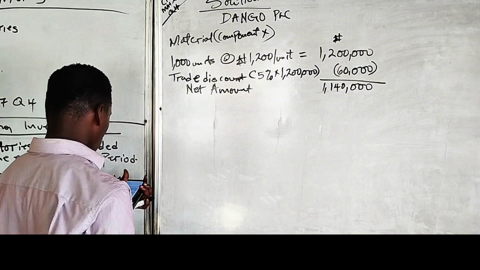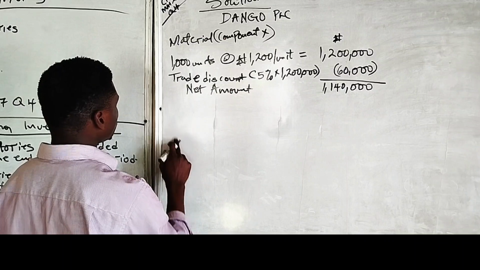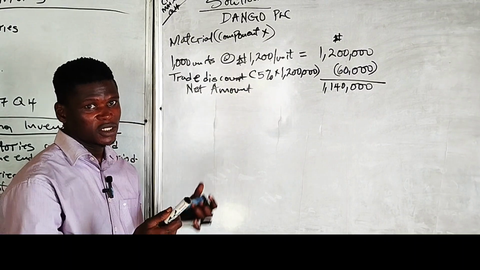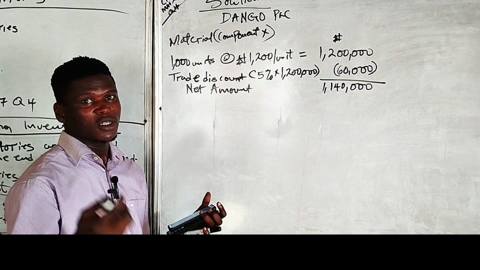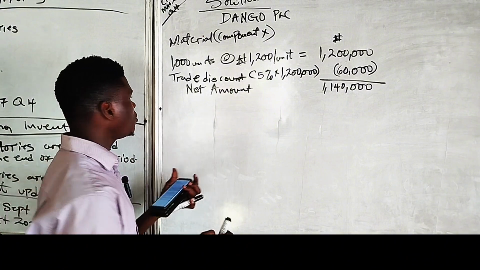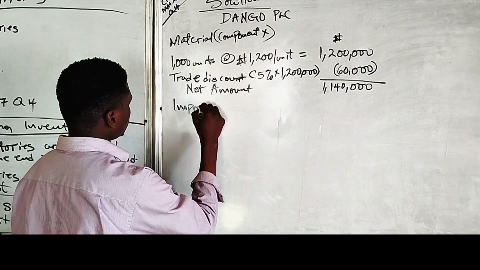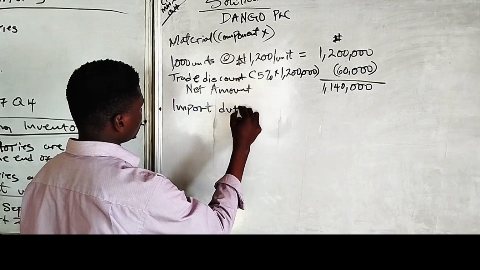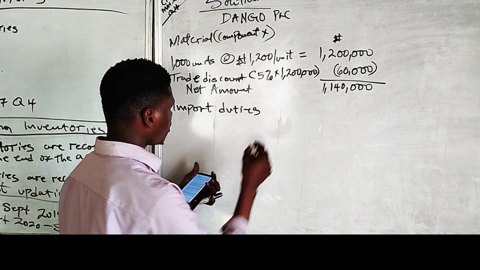So that's that. Now, import duties. Remember I said purchase price includes the actual amount you used in buying this asset together with all import duties and all non-refundable taxes. So import duties of 60 naira per unit.